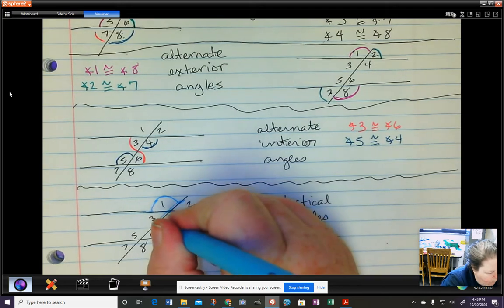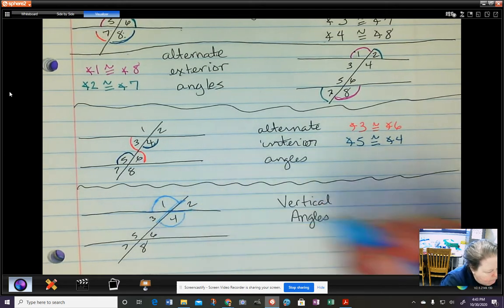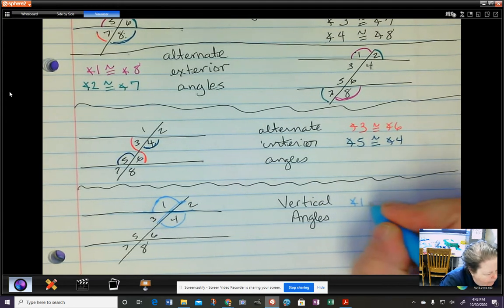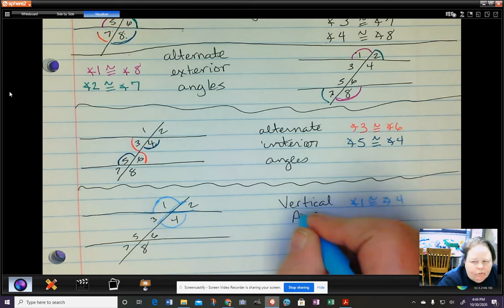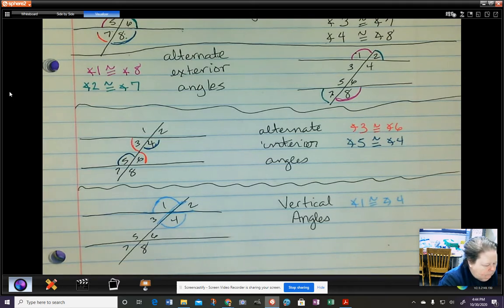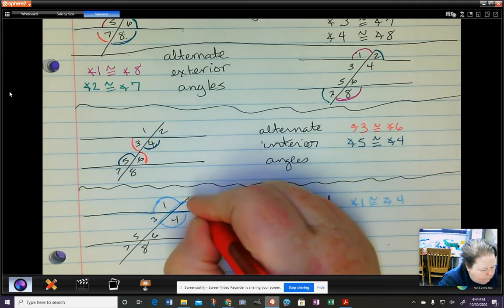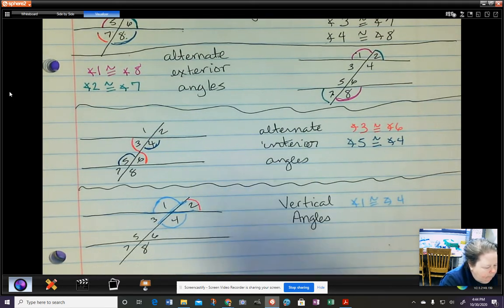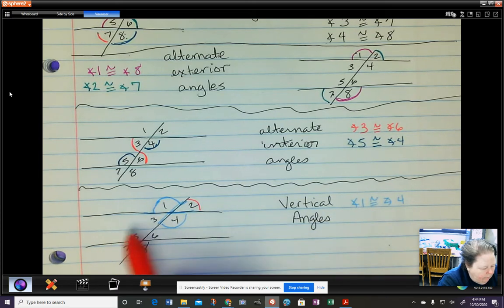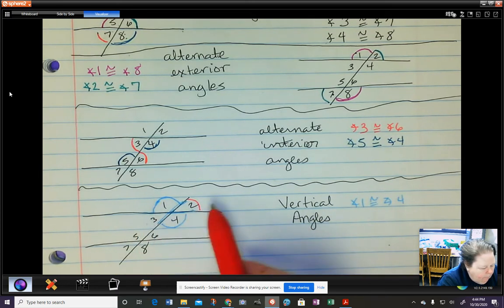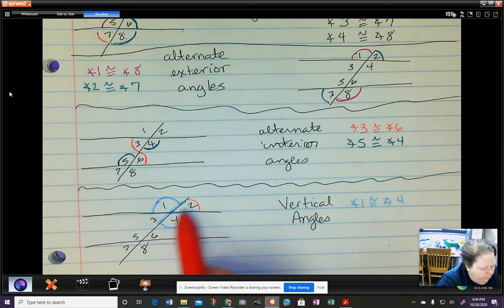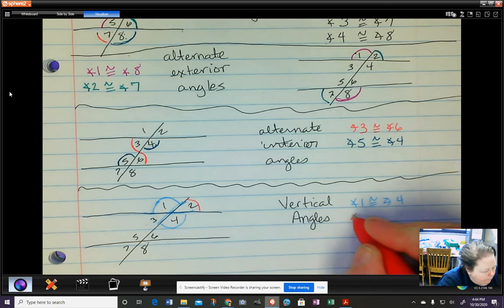It would land on 4. So angle 1 is congruent to angle 4 by vertical angles. What about angle 2? Well, fold it this way. Angle 2 matches with angle 3.